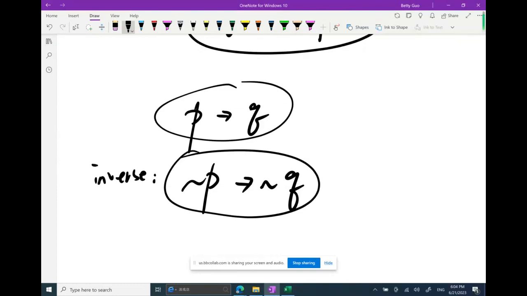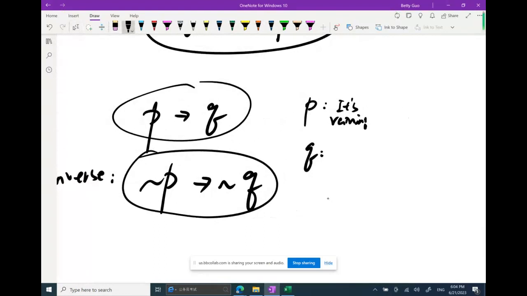In my video, I have this example. P is it is raining. Q is the grass is wet. The grass is on the outside. If it's raining, of course, the grass will get wet, right? So the given statement is true.